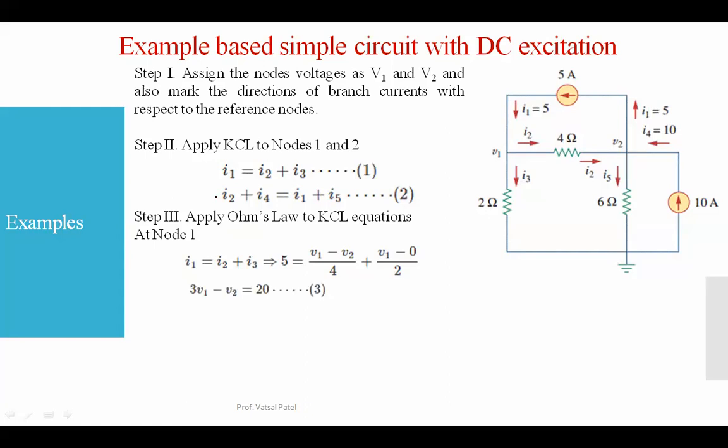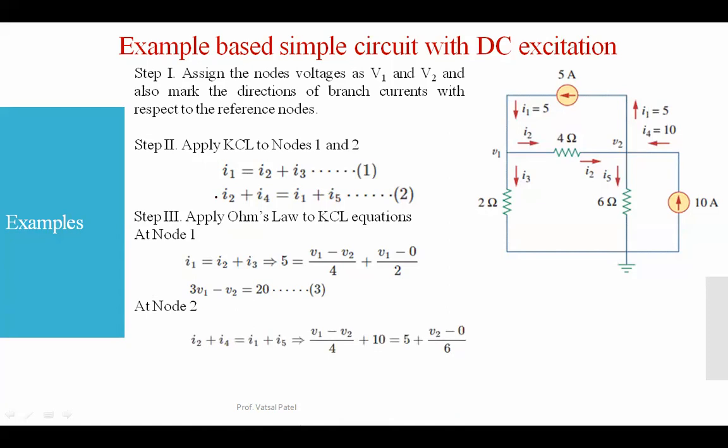So this is the simplification of that equation: 3V1 minus V2 is equal to 20. Now if we apply at node number 2, I2 plus I4 is equal to I1 plus I5.